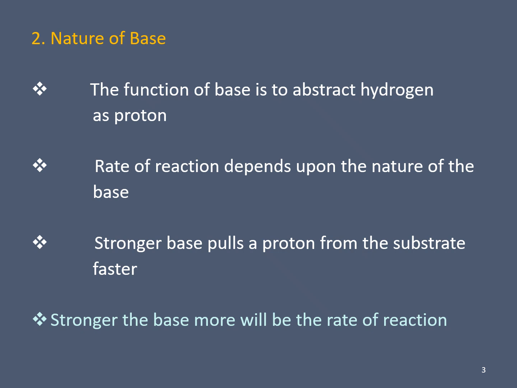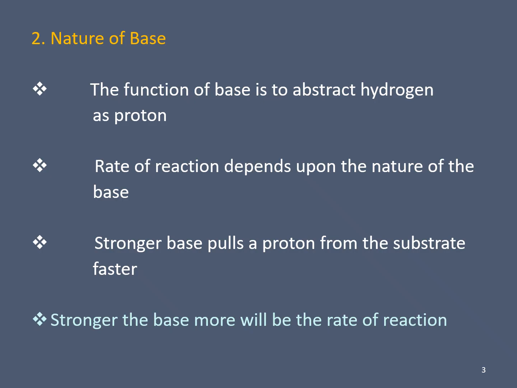But if it is a strong base, then this strong base will abstract the hydrogen as a proton from this alkyl halide very fast. That means a stronger base pulls a proton from the substrate faster, and if the stronger base is present in the reaction medium, the rate of the reaction will be more.